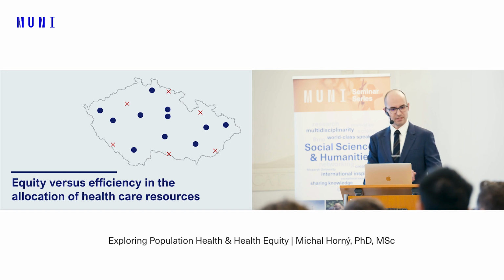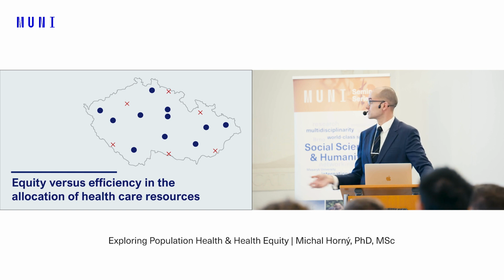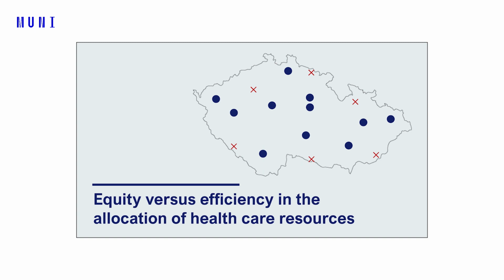With this, I feel that I should move on. I also want to briefly talk about equity versus efficiency in the allocation of healthcare resources. Please take this map just as an illustration. I'm not suggesting that hospitals where the red crosses are should be eliminated, but this is a hot topic, I believe, in the Czech Republic right now.